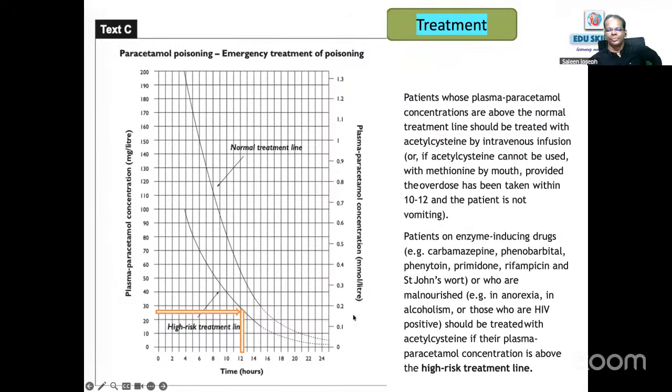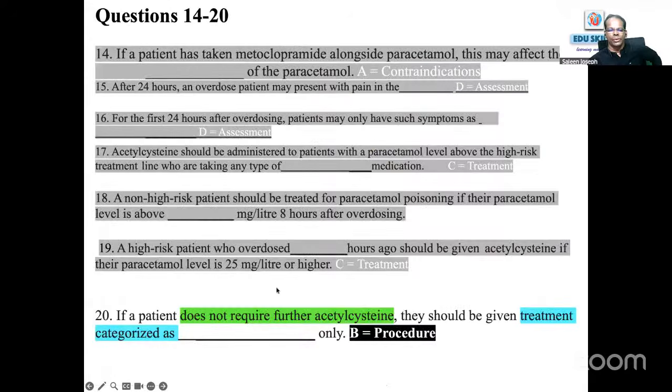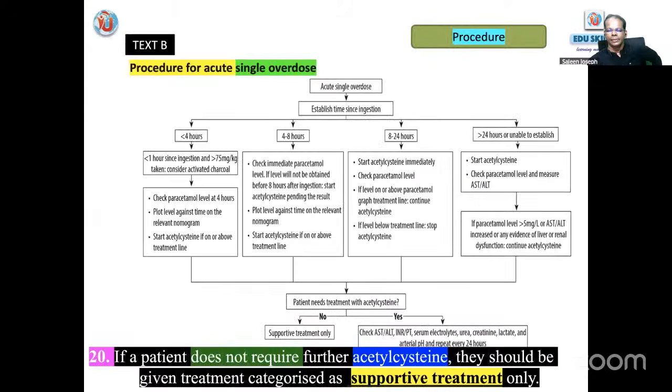Next: if a patient does not require further this medicine, the patient should be given treatment categorized as dash only. If a patient does not require further treatment, supportive treatment only. Based on whether the answer is yes or no, there will be one answer.